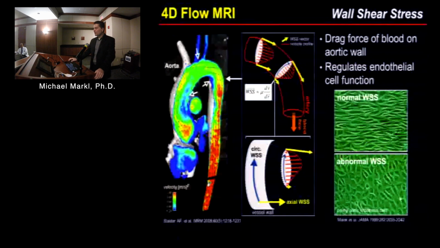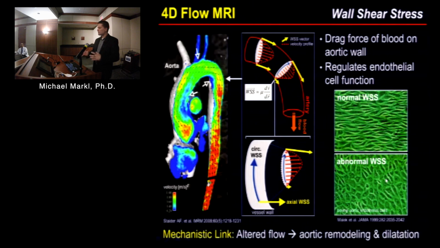If you expose endothelial cells to normal shear stress, they align with the flow, but abnormal wall shear stress can have a disruptive effect. It can change their protein expression and result in vascular remodeling. There have been many in vitro and animal studies proving a direct relationship between changes in flow, changes in local shear stress, and changes in endothelial cell function that can lead to remodeling.